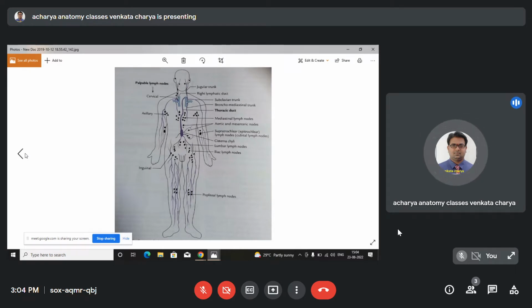That structure we call the thoracic duct. The thoracic duct extends from the cisterna chylae, runs above, and pierces the diaphragm.